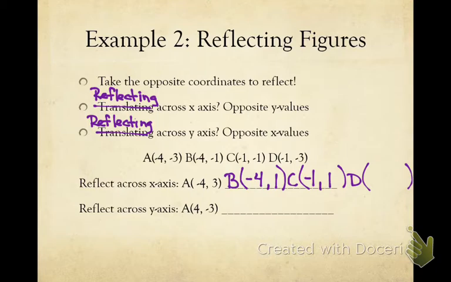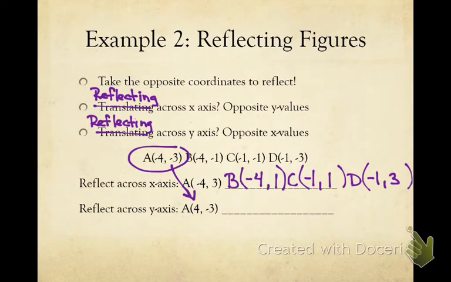Again, whatever axis I'm reflecting, I take the original ordered pairs and I do the opposite of the other value. So what's D going to be? Trey? Negative 1, 3. All right, so now on the second one, if I'm reflecting across the y-axis, that's why I see now that I'm taking the opposite x value.